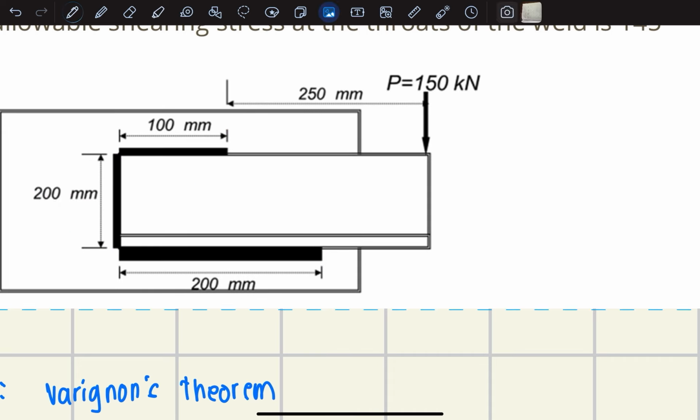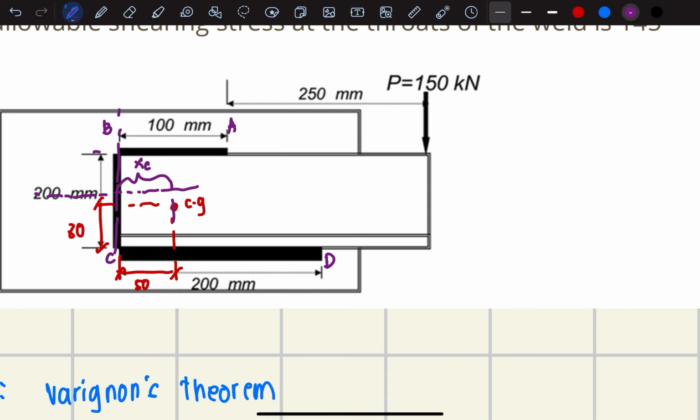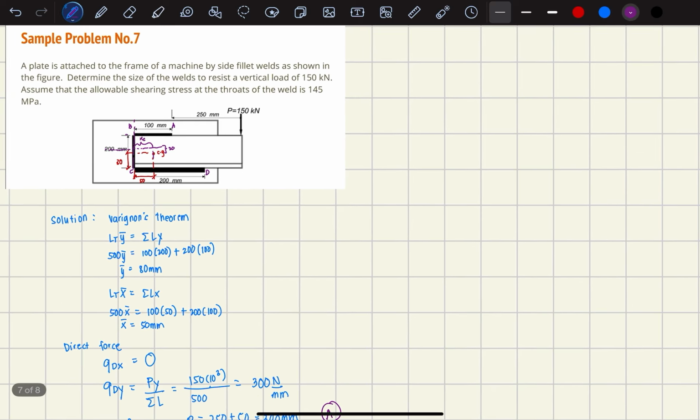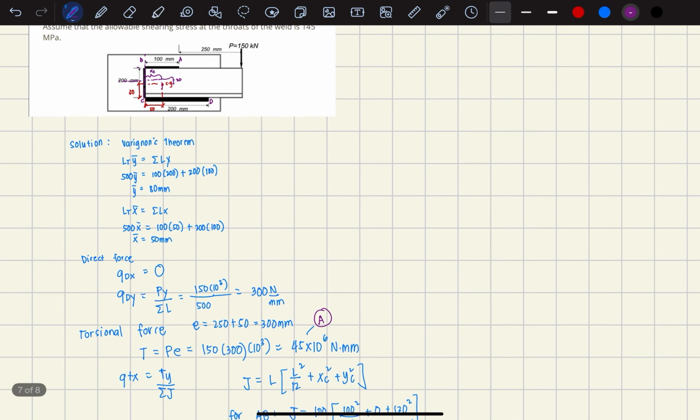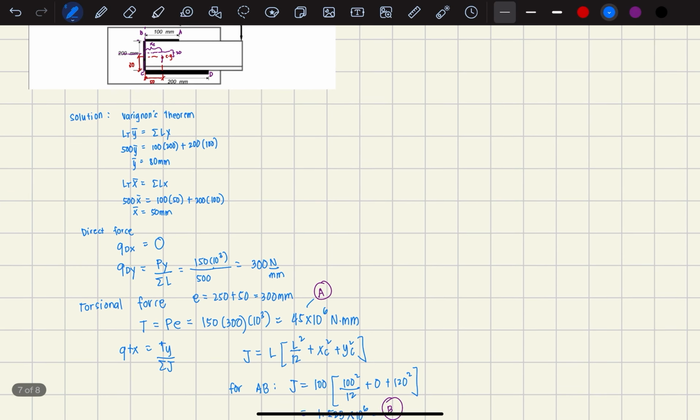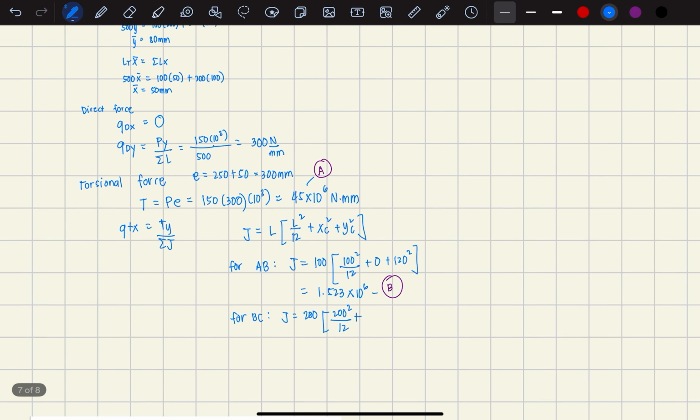While sa y sub c, ito naman class, since yung centroid ng 200 is kalahati which is 100. So, ito yung y sub c niya na 20. So, yung x sub c natin dyan is equal to 50 squared plus 20 squared para sa y sub c.